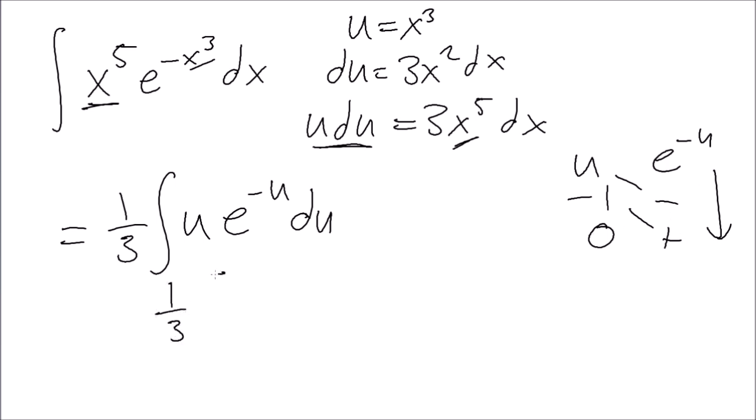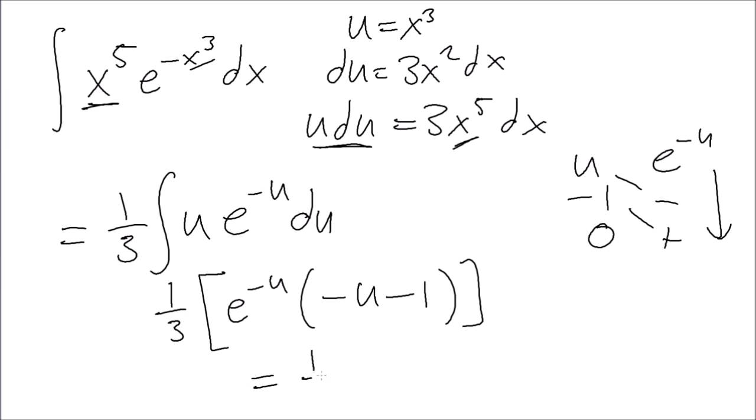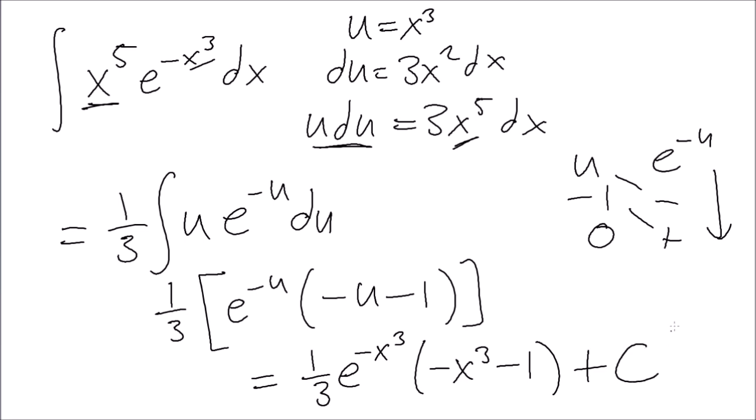This is 1/3 of u e to the negative u, negative u minus 1. So now this is equal to 1/3 e to the negative u, where u is equal to x cubed, and then we have negative x cubed minus 1, plus c.